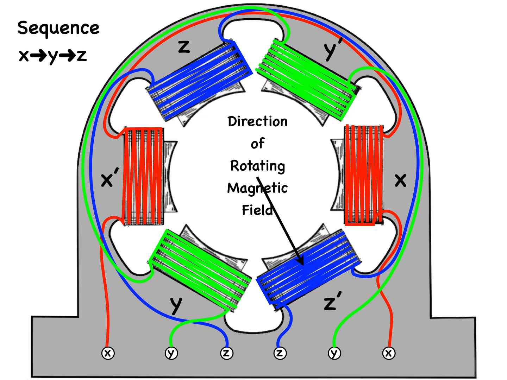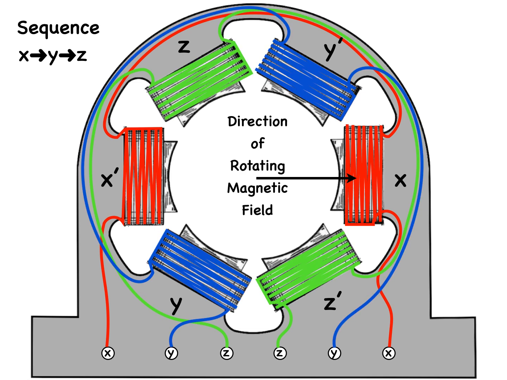The phase sequence of the three-phase source applied to the stator winding is X, Y, Z in this case, and the direction of rotation of the magnetic field, as you see, was in a clockwise direction.